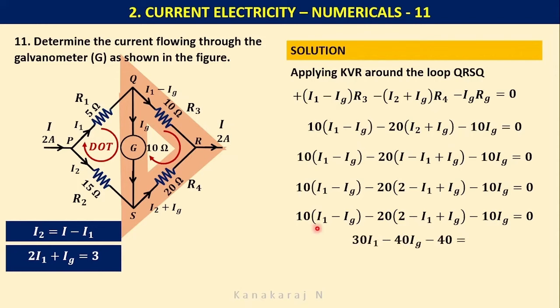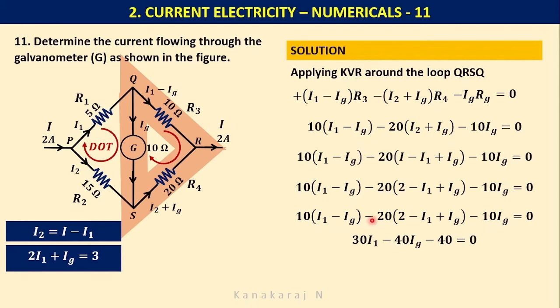Here you have 10 I1. Minus of minus plus another 20 I1. Totally 30 I1. Now, how many Igs are there? Here you have minus 20 Ig, here minus 10 Ig, and here another minus 10 Ig. Totally minus 40 Ig you have.